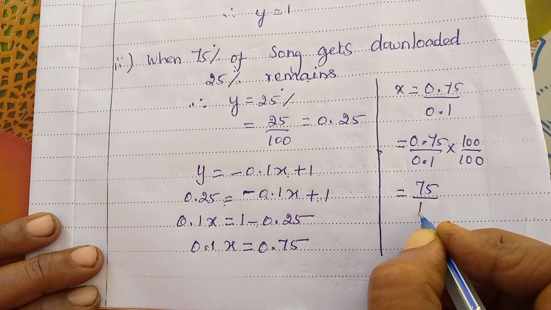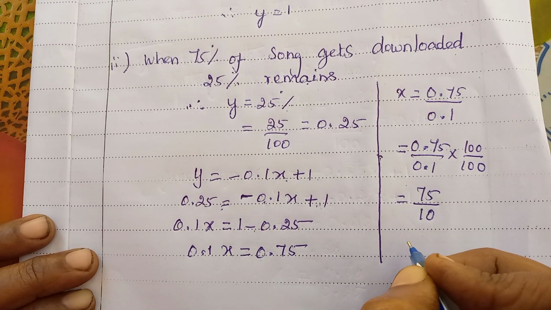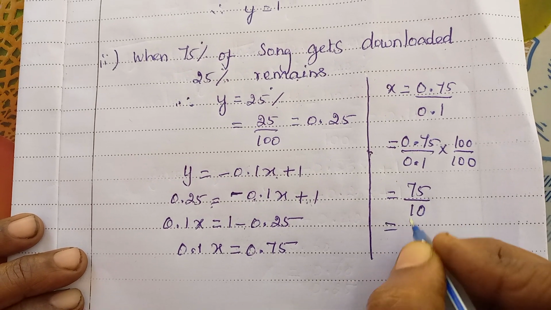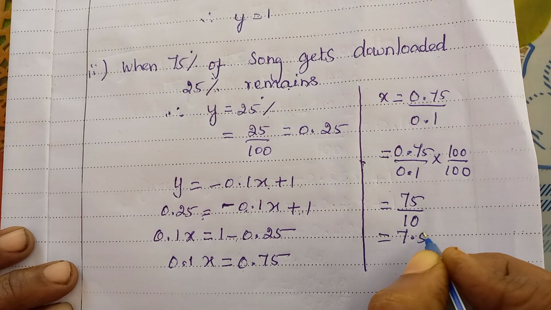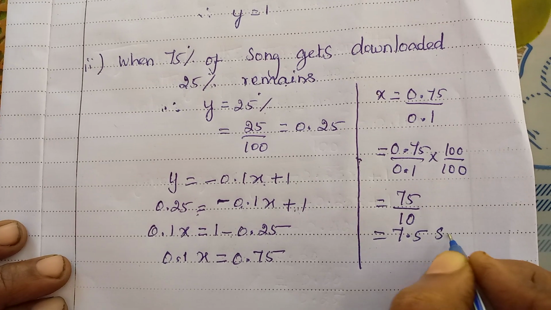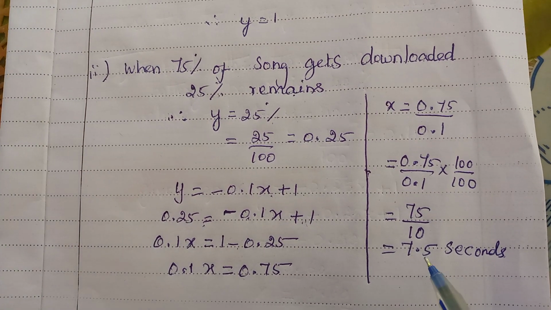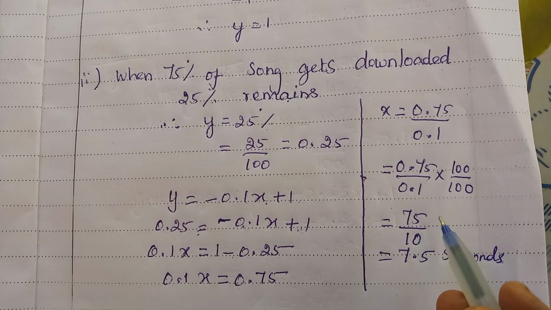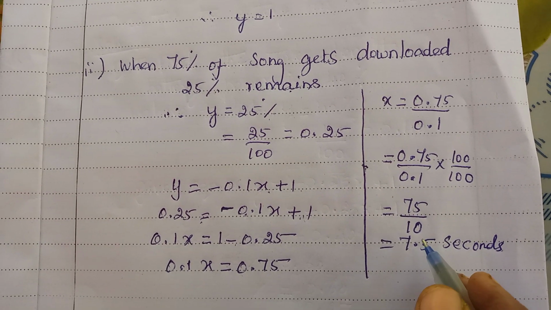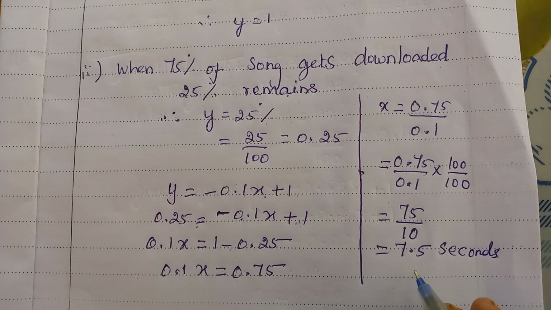So 75 divided by 10 we get 7.5. It is asked in seconds, so the unit you have to write is seconds. So to bring the remaining 25%, it will take 7.5 seconds.